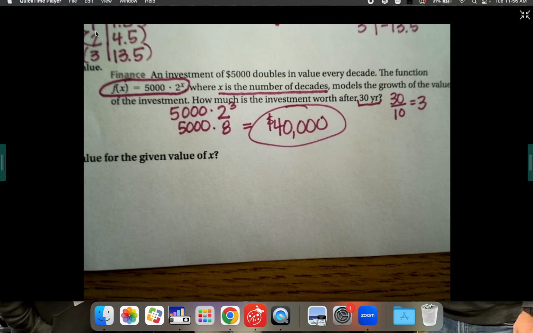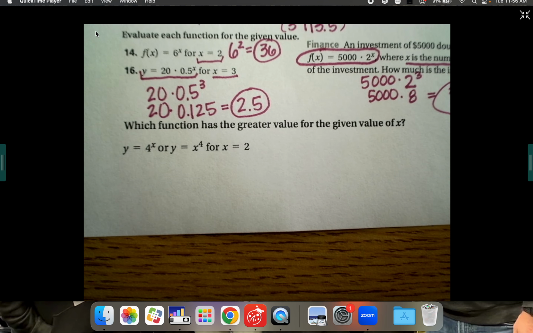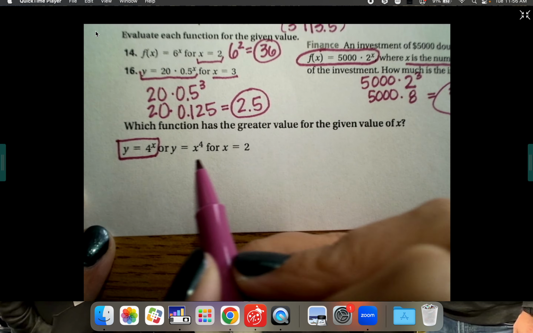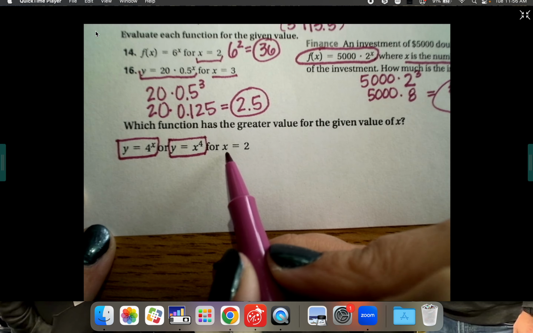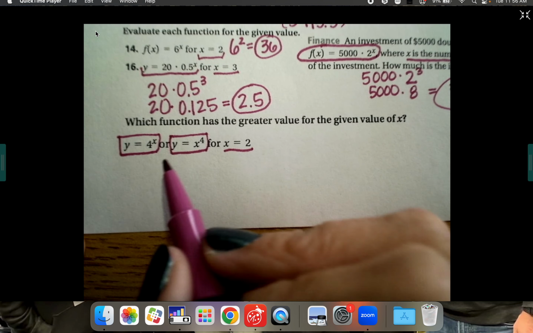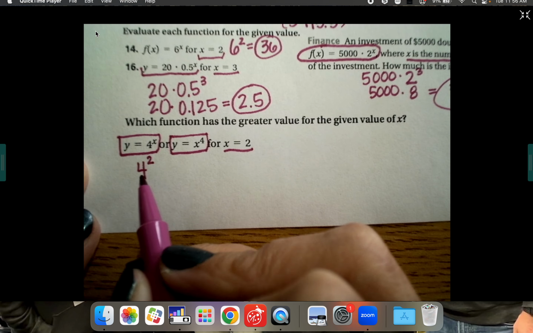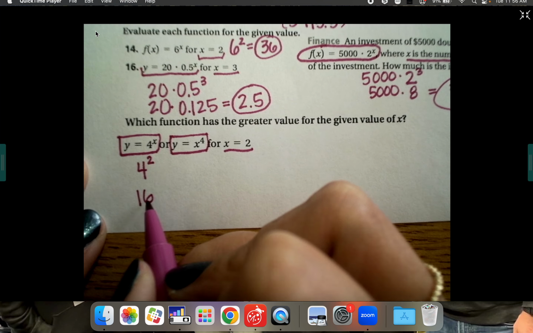All right, last one. They want to know basically which function has the greater value, if one of them has the greater value. Let's see, the first value is this, the second value is this, and they want you to plug in 2 for the x's and see which one will be bigger. So the first one is 4 to the x, which they want you to use 2. 4 times 4 is 16.